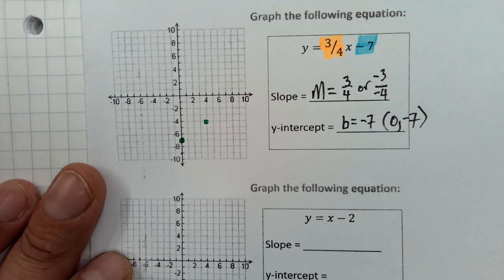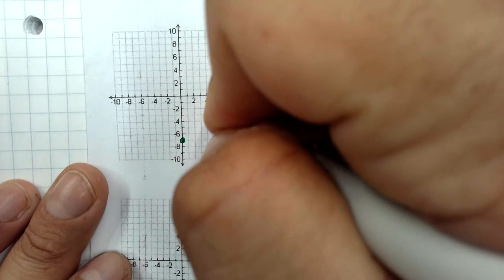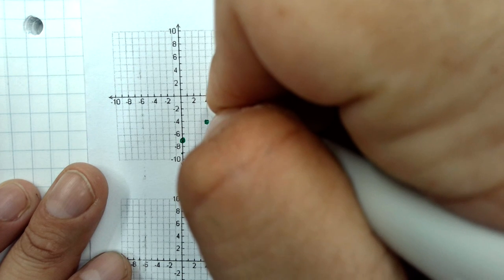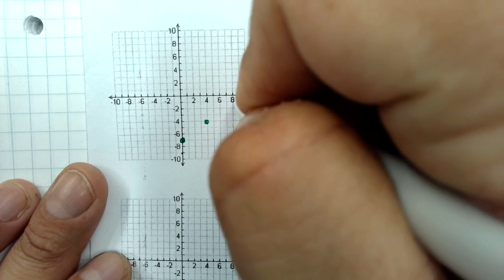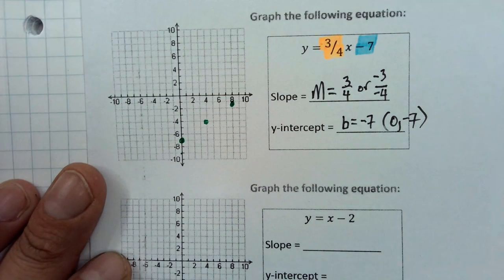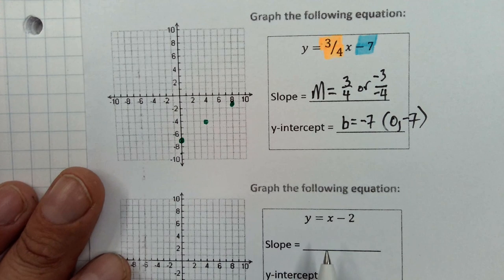There's a point. I can go again, up 3, 1, 2, 3, over 4. Right there. See, I went up 3 over 4. Up 3 over 4.